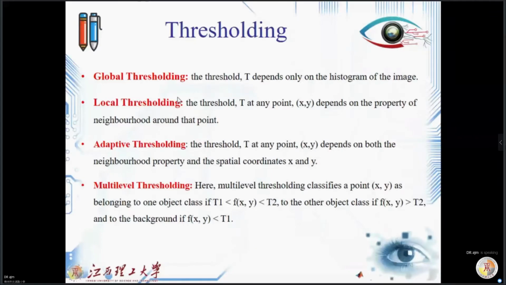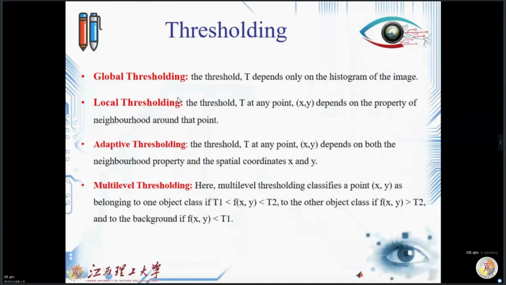In global thresholding, the T in the mentioned function depends only on the histogram of the image, while in local thresholding, the T at any point (x, y) depends on properties of neighborhoods around the point. In adaptive thresholding, the T depends on both the neighborhood properties and spatial coordinates.